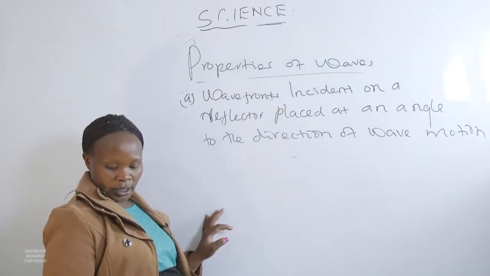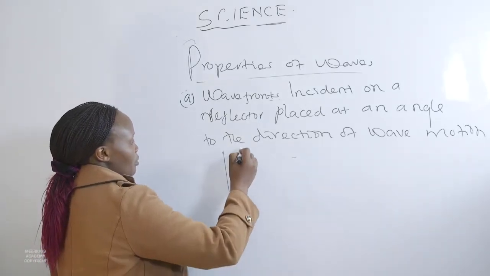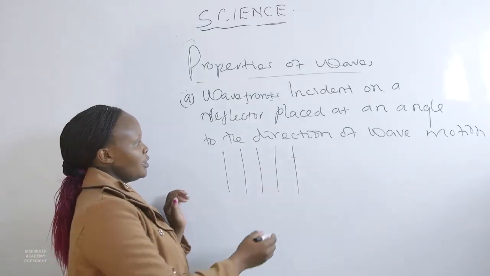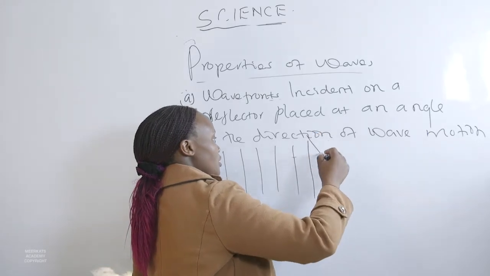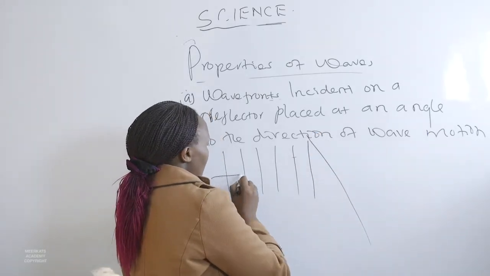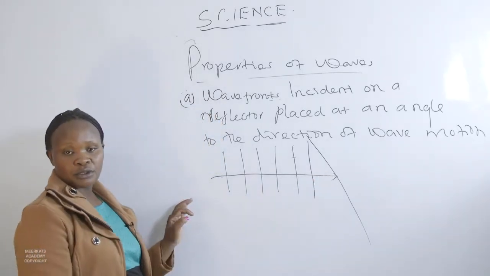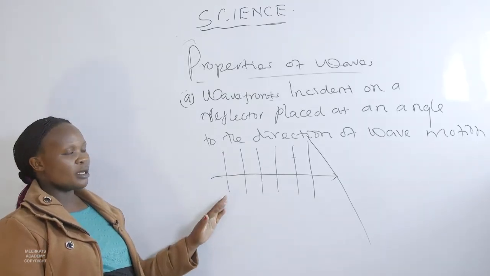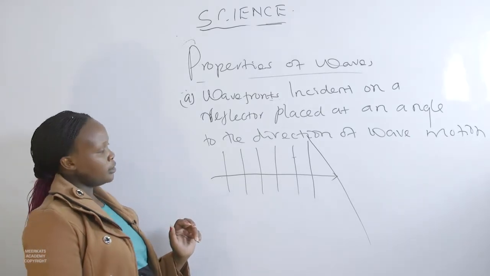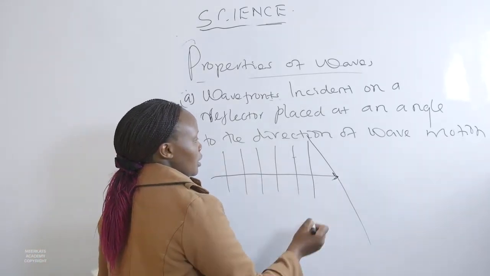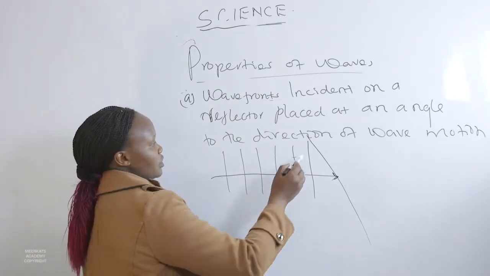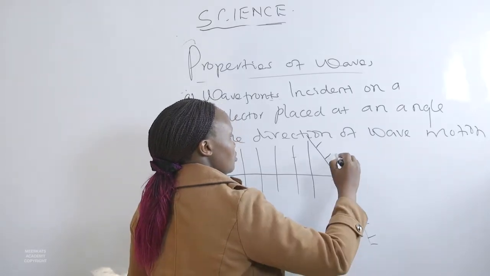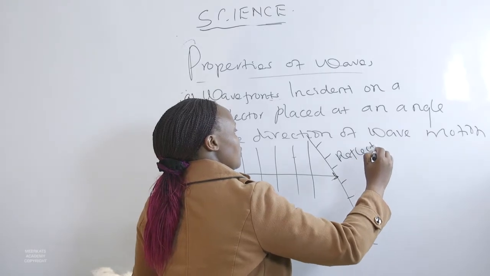For example, let us assume we have plane waves, and then we have a reflecting surface at an angle to the direction of motion of the wave. We are having plane waves where wavefronts are actually parallel to each other, and then it is incident at an angle to a reflecting surface. Take this one to be our reflecting surface.